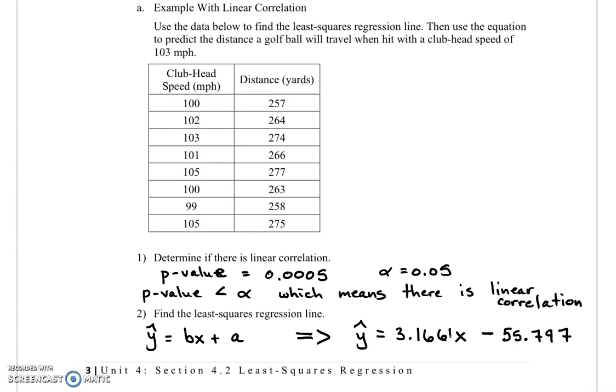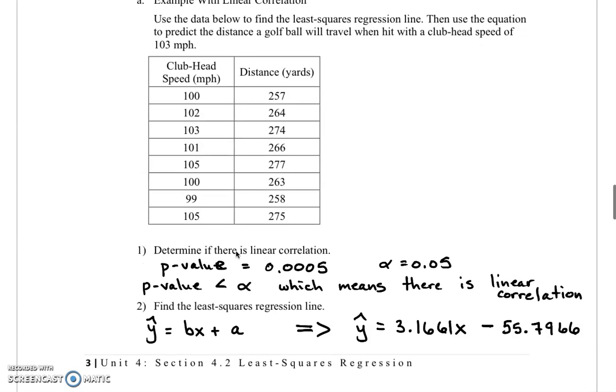And I forgot we're supposed to round to 4 decimal places, so stick a 1 in front of the x, and we should have negative 55.7966 for the y-intercept.